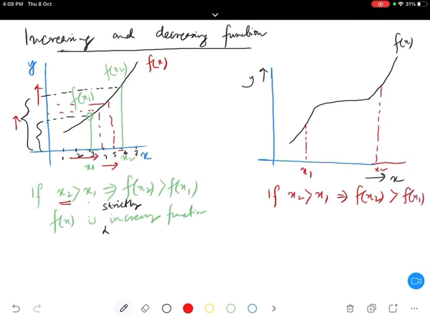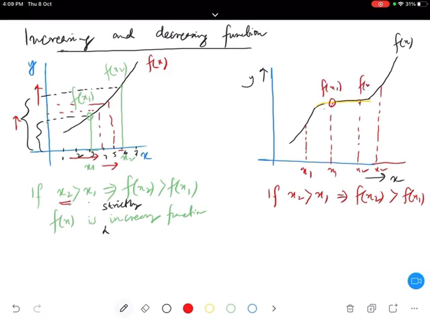But one question might arise in our head. Look, there are points on this curve where if I take x1 and x2 in here, because x1 and x2 are any 2 points, you see the value of the function is the same.